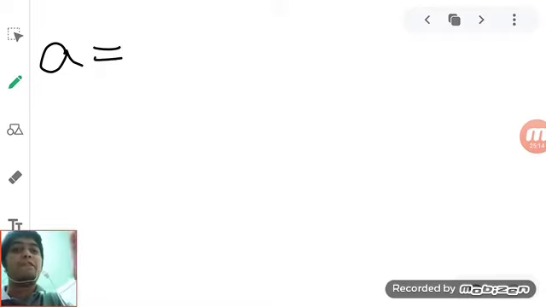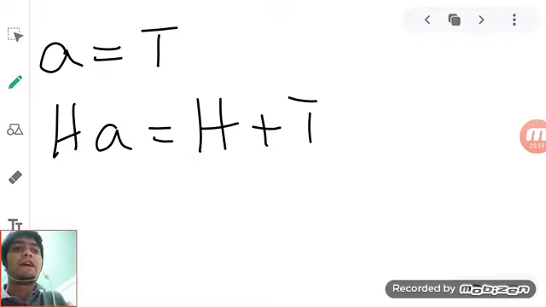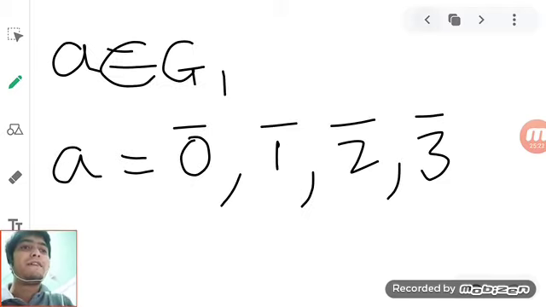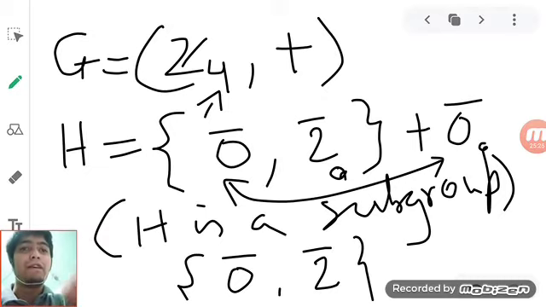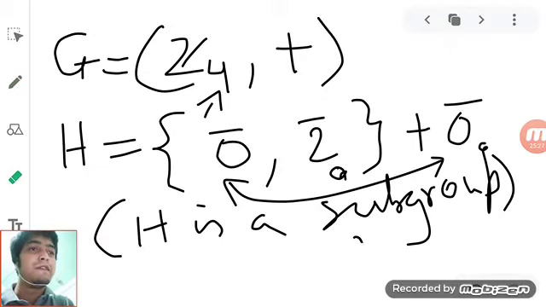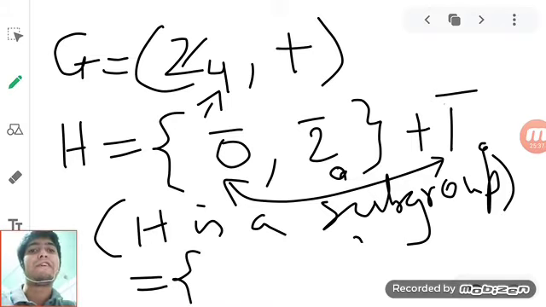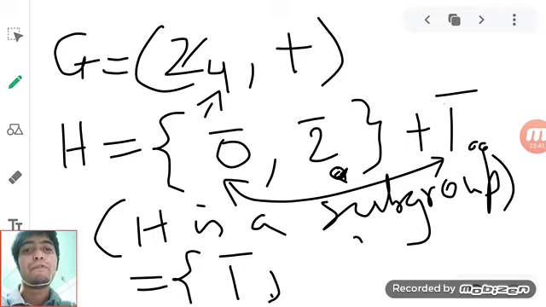Now we change the value of A. Let us take a look at the coset H plus 1 bar. Let us just write it down directly. I will erase this one. Then I will write 1 bar. 0 bar plus 1 bar will give you 0 plus 1 is 1, divided by 4, remainder is 1. 2 plus 1 will give you 3, divided by 4 will give you a remainder 3.